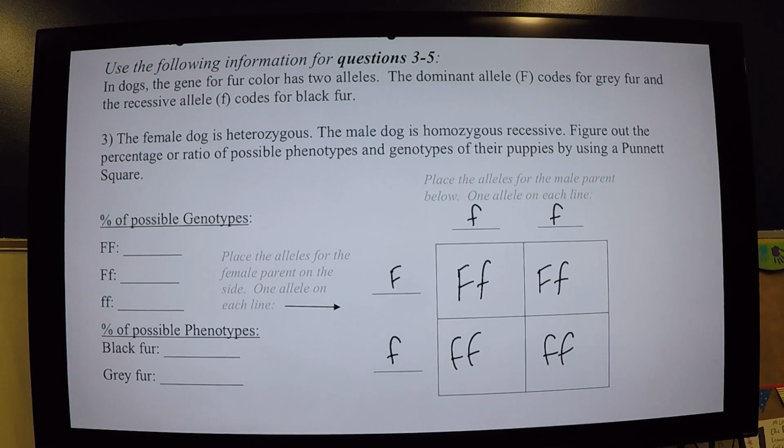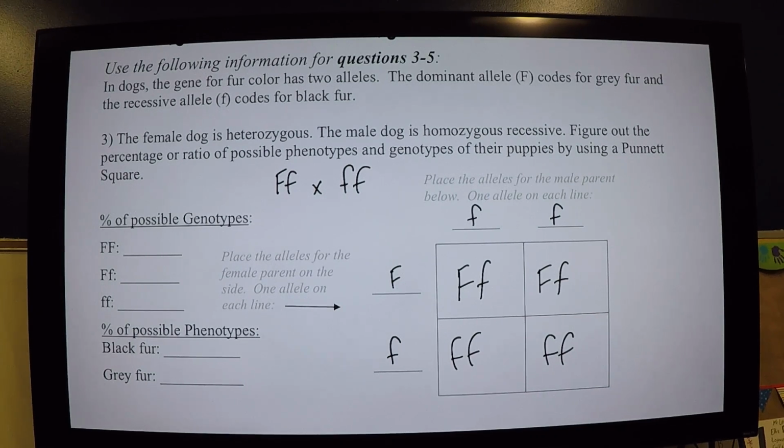And that's how you do a Punnett square. Each parent has two alleles. The mother in this case is big F, little f, heterozygous. And the father is recessive, so he's got two alleles. So this is two alleles for one trait.